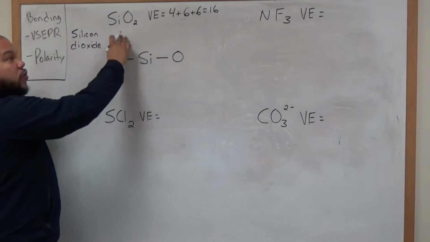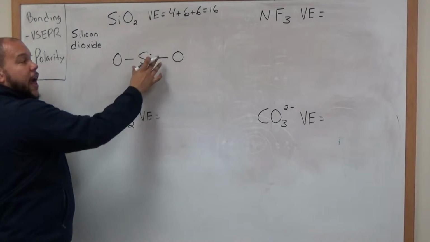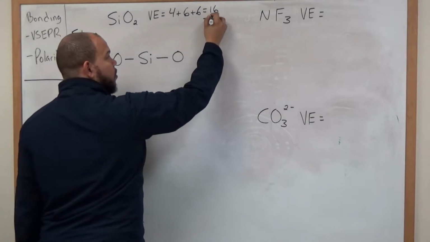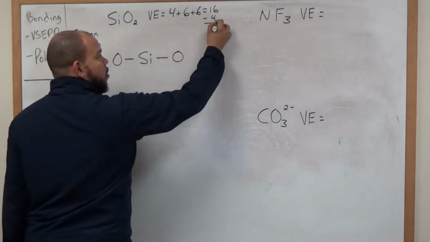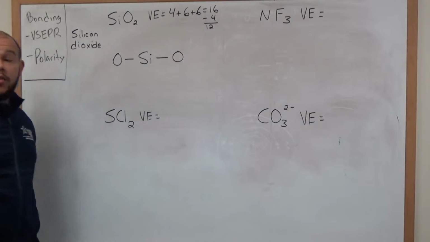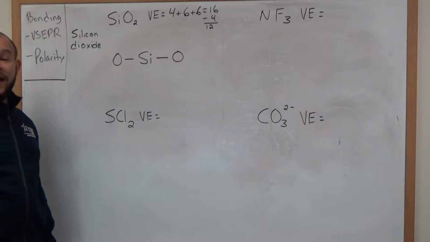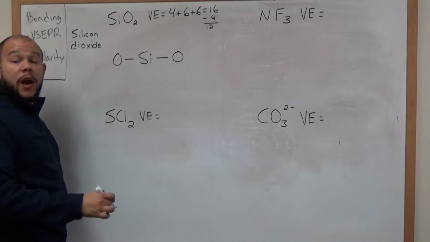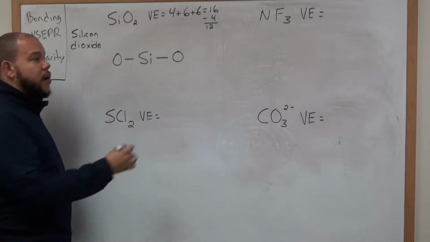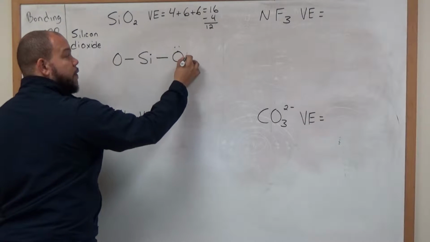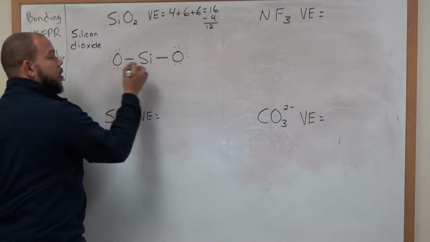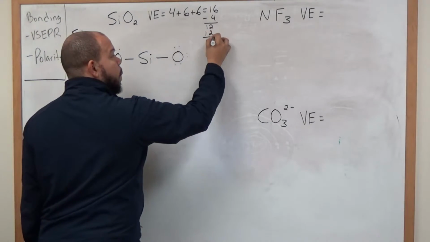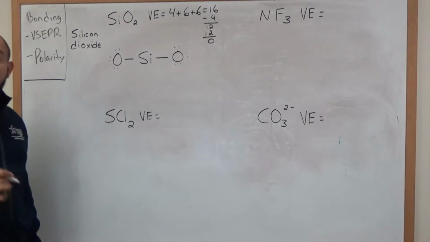We have now used all of the atoms in the compound, and we have used 4 electrons. That leaves us with a total of 12 electrons. Remember, these electrons go around the most electronegative atom until octet is fulfilled. We put them in pairs. 1, 2, 3, 4, 5, 6, 7, 8, 9, 10, 11, 12. We have no more electrons to add.